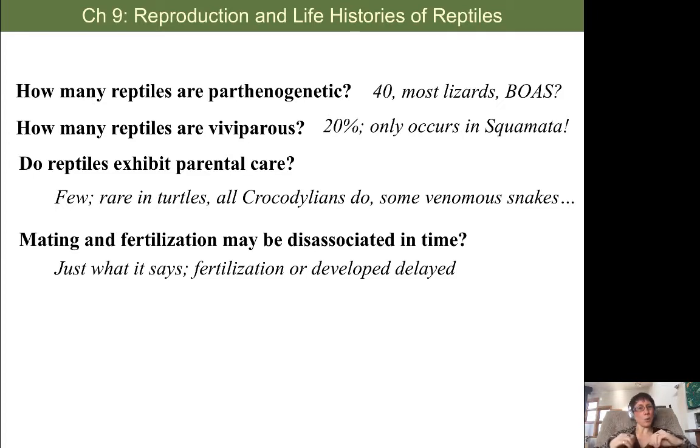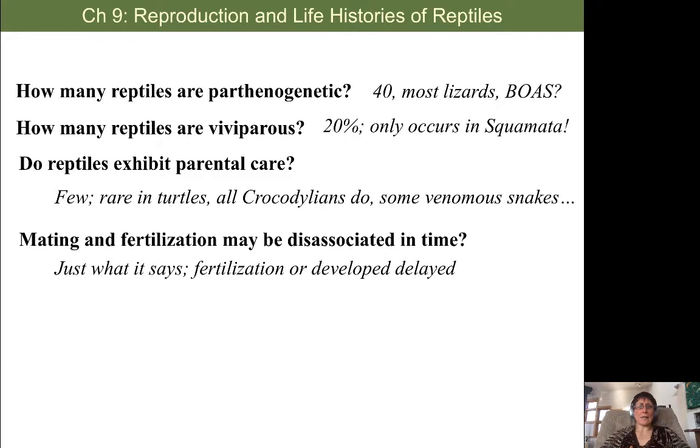Basically, where it's colder, viviparity is advantageous because you have more protection of the offspring and more constant temperatures, so more reliable care of the offspring in terms of incubation period, gestation period and temperature.